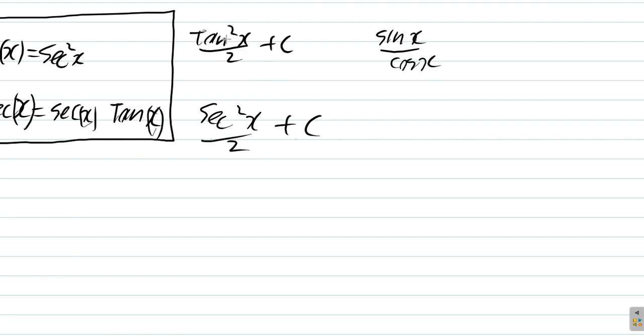This is half and this is half, so we can scrap the half and just deal with this part. So tan squared x is sine squared x over cos squared x. Secant, remember, is 1 over cos. So 1 over cos squared x. Remember, the cosecant was 1 over sine, secant 1 over cos. Right?